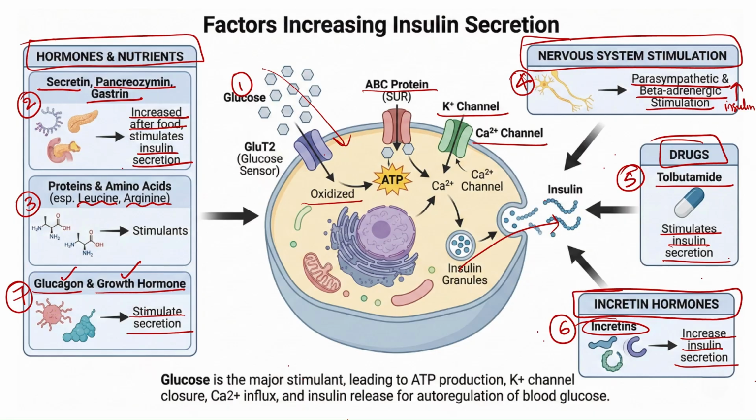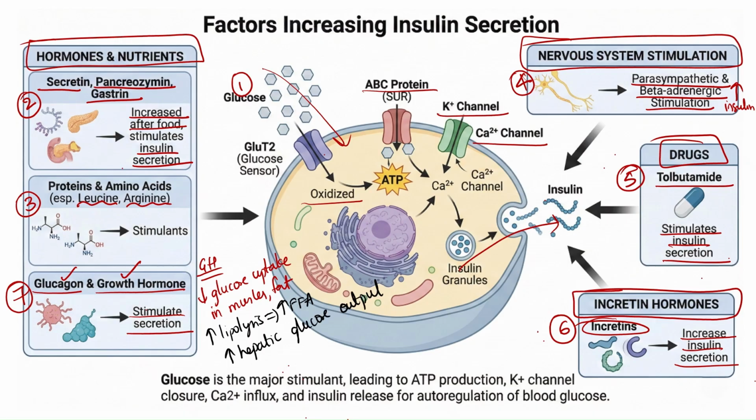Then what about growth hormone? Growth hormone is a diabetogenic hormone. It decreases glucose uptake in muscles and fat. It increases lipolysis, that means increased free fatty acids. And then there is increased hepatic glucose output.